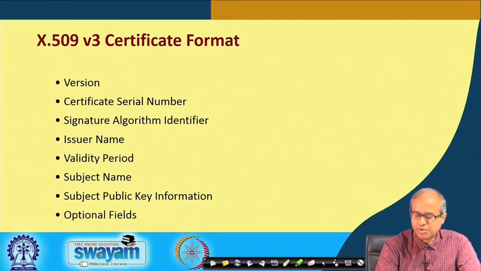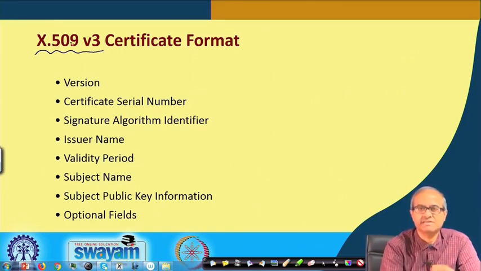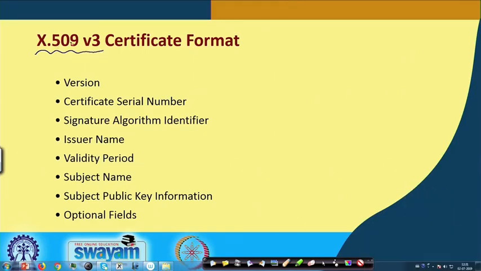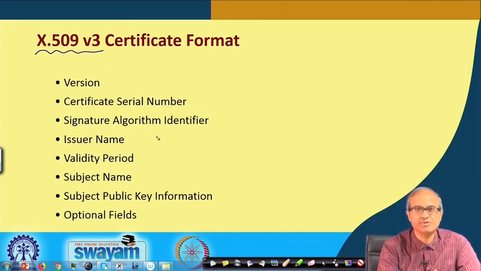So, I have talked about the standardization. One of the commonly used certificate standards is X.509, version 3, which is most widely used, and among other things the certificate contains the version, some serial number, which signature algorithm is used, because you need to verify the signature, right.